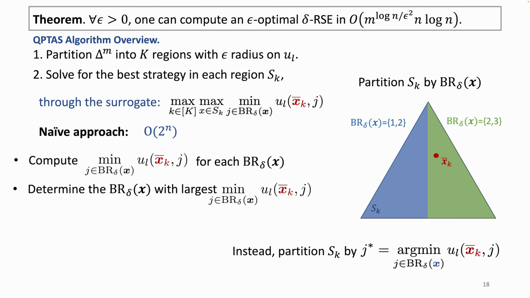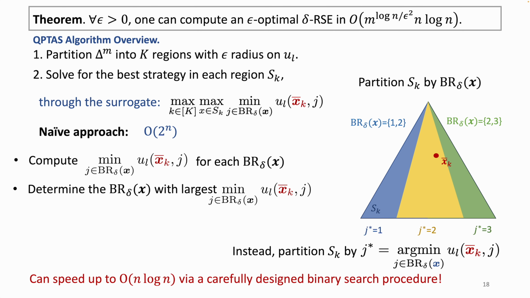But we can optimize this by instead partitioning S_k by J star, which is the follower's response after pessimistic tiebreaking. Now there are only n possible choices.